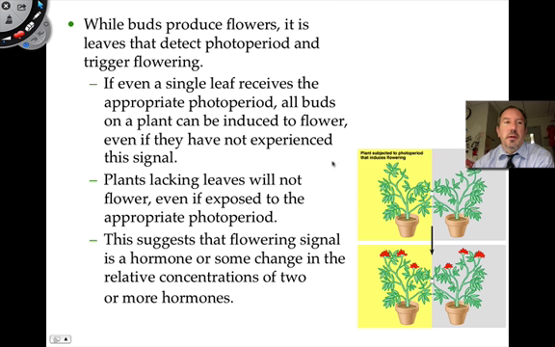If light is coming down here, for example, and it's causing flowering to occur over here, you might be thinking, I wonder if there might be some sort of chemical message that's traveling across, which is causing flowering to occur. So this is suggestive that flowering is caused by photoperiodism, but it's also controlled by hormones, or if it isn't one hormone, maybe two hormones, or a relative concentration change in those hormones.